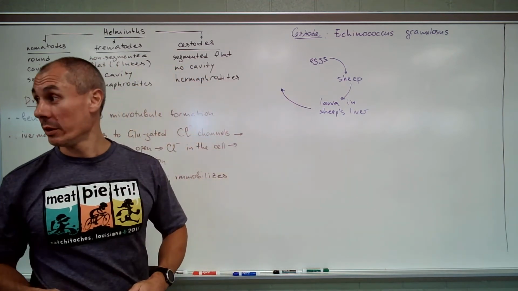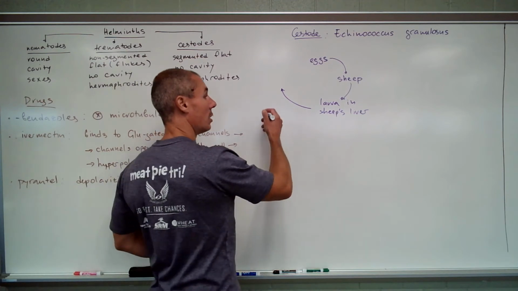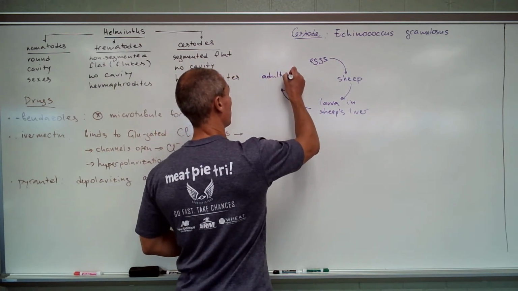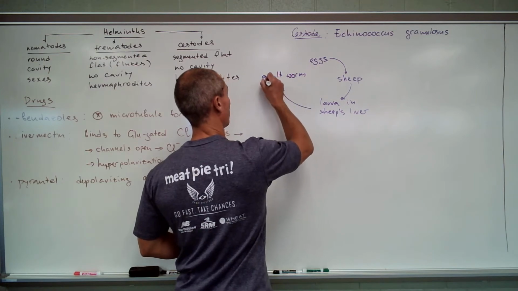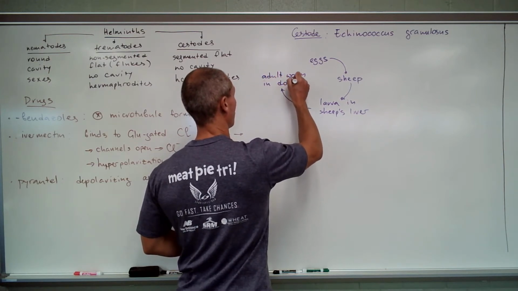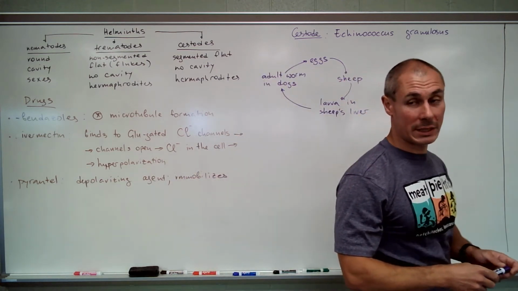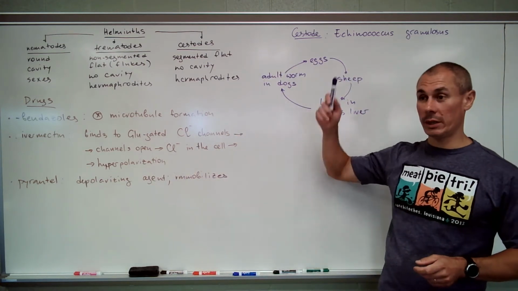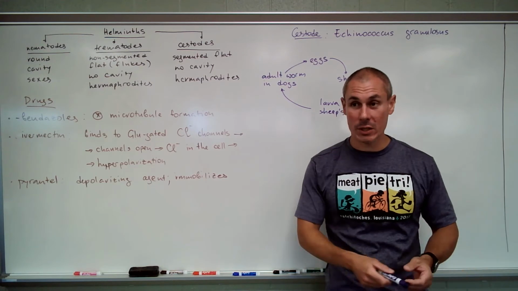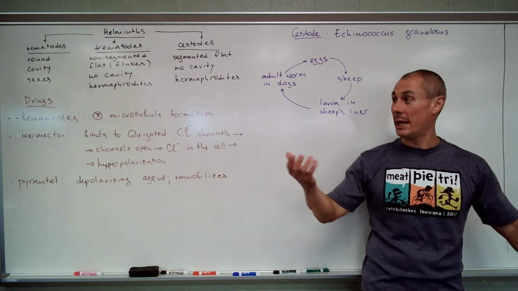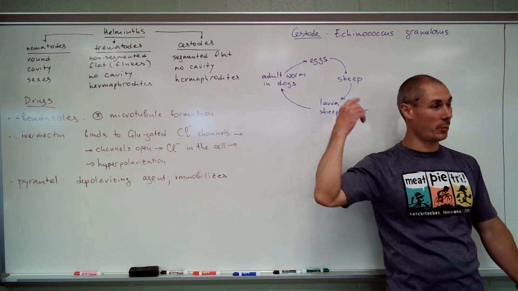So dogs will eat liver with the larva, and the adult worm in the dog's intestines will release enormous amounts of eggs that will go where? On the soil, and sheep will eat those eggs, and the cycle will perpetuate and perpetuate.